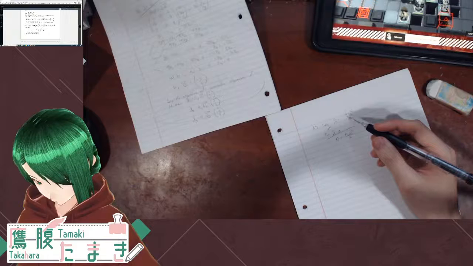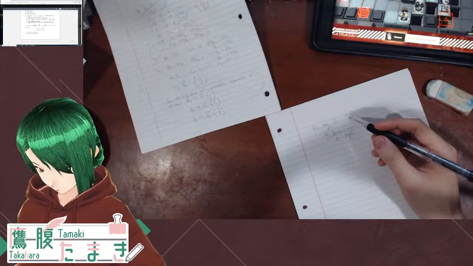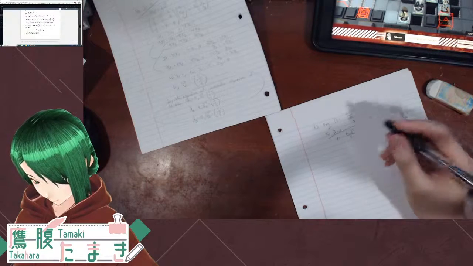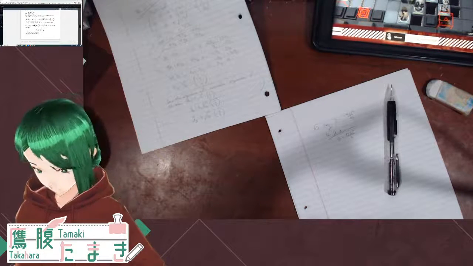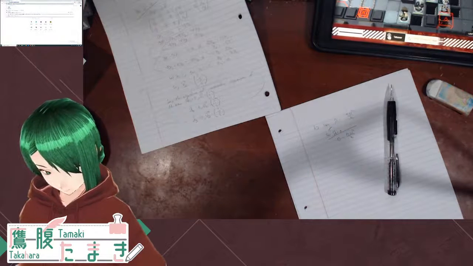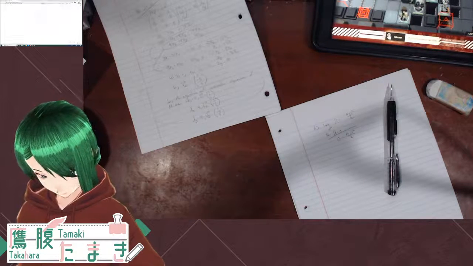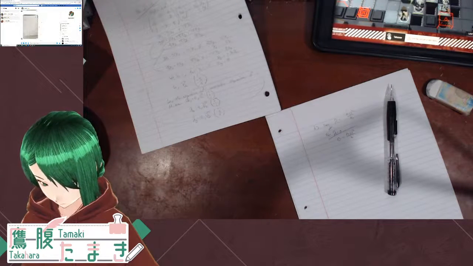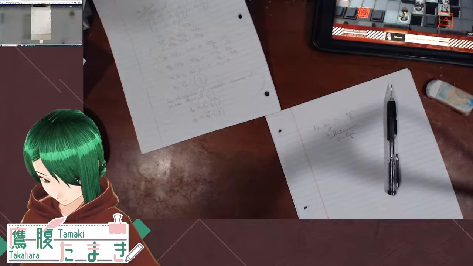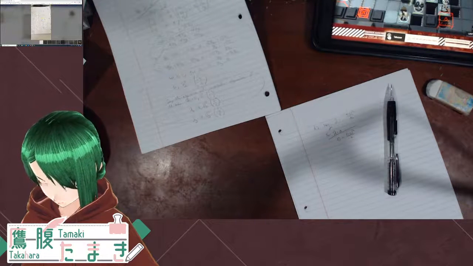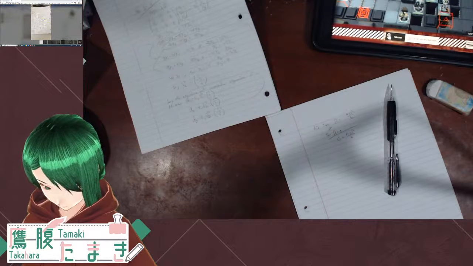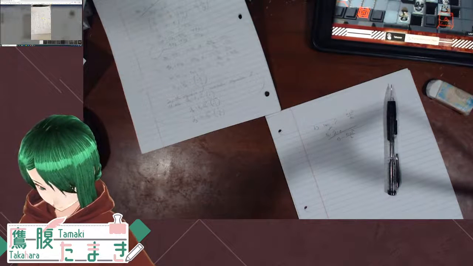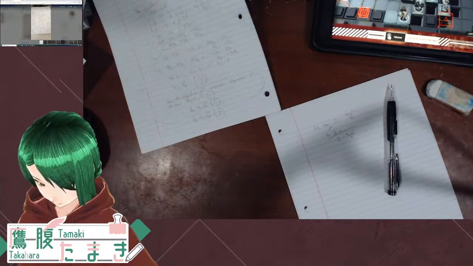Well, can you have a resonant frequency of 0? That doesn't sound right. Let's see what everyone else said. Okay, someone does argue that the resonant frequency is equal to 0.